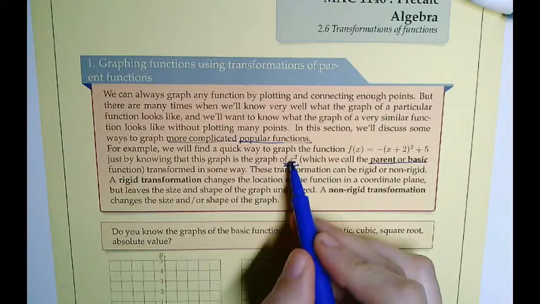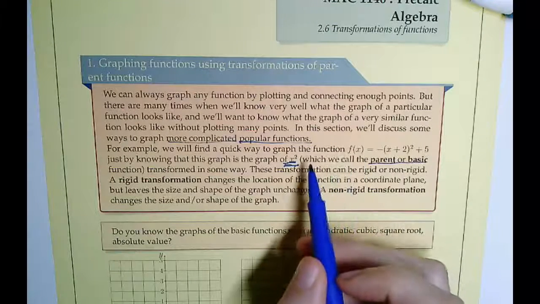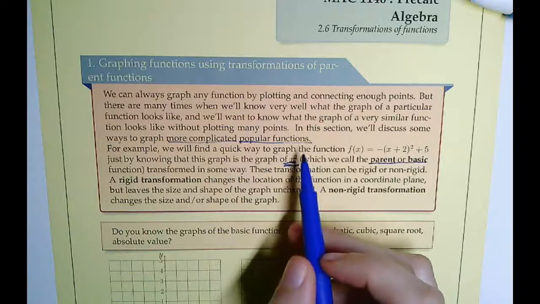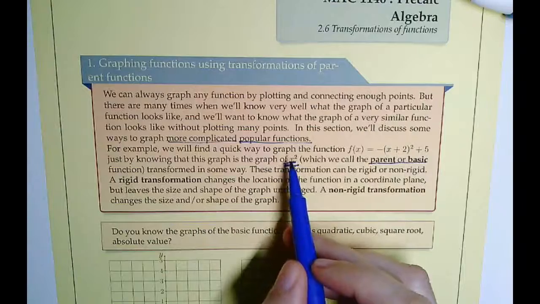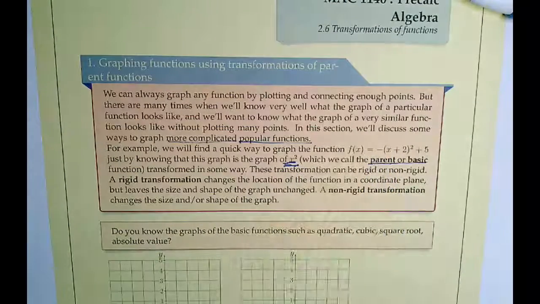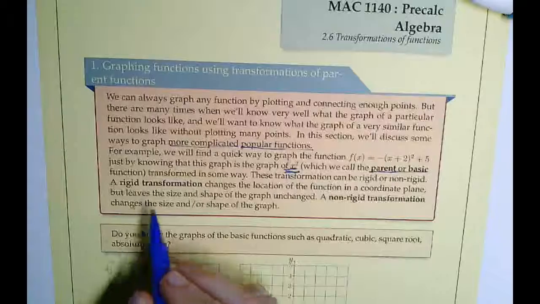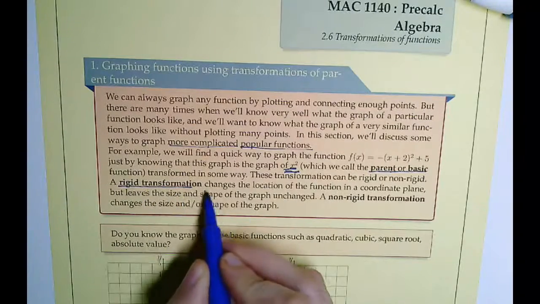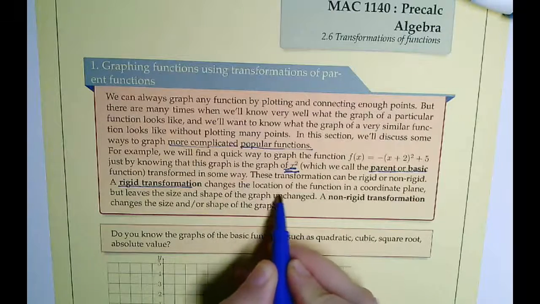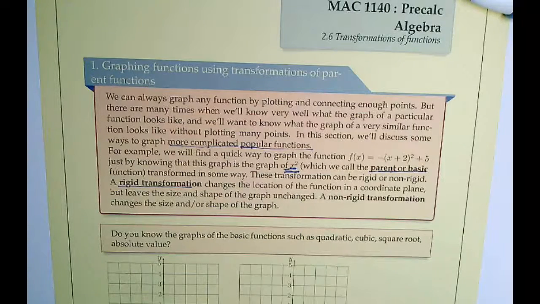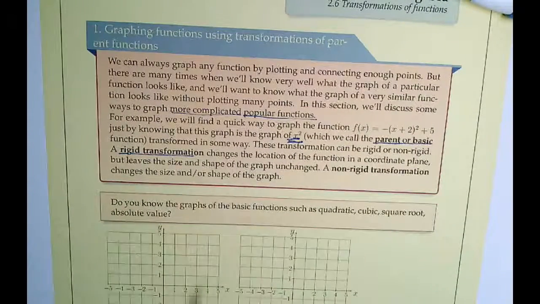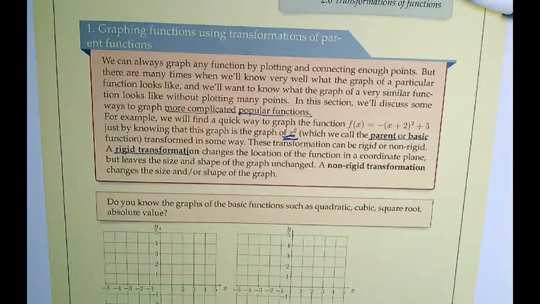We're doing something to it. We're moving it up or down, to the left, to the right, or reflecting it, stretching it, or compressing it. We're doing something to the parent function to get to another function. So the types of transformations we're going to talk about are rigid transformations. A rigid transformation changes the location of the function in the plane, so it moves it up or down, to the left, to the right, or reflects it over something, but it doesn't change the shape of the graph.